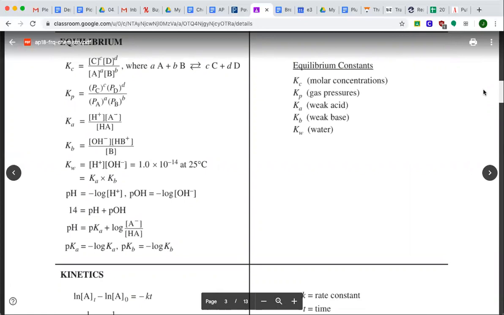So pH equals pKa plus log of A minus over the concentration of HA. And then pKa equals negative log of Ka. So negative log of Ka is your pKa, right? So what's the best way to solve this in terms of what the College Board would want is my question.